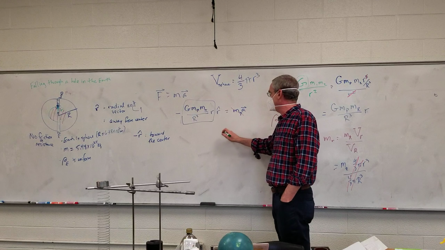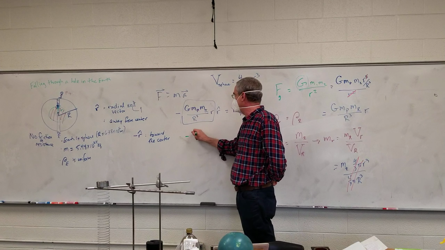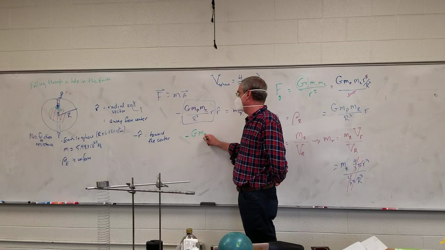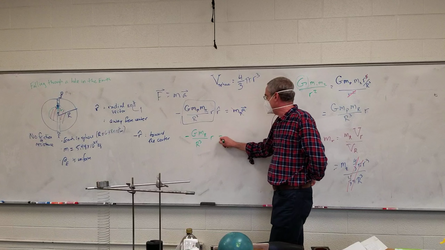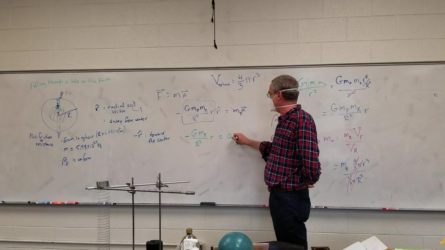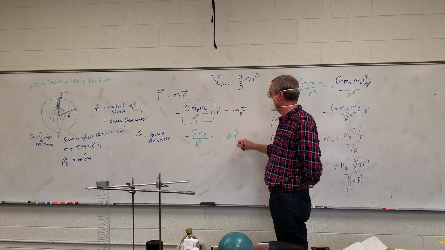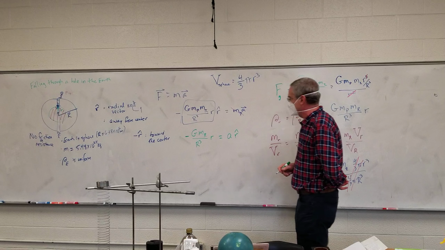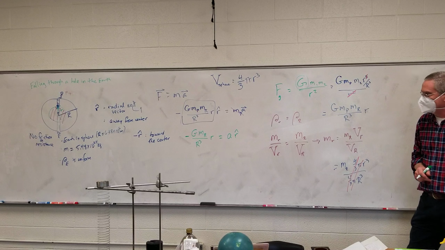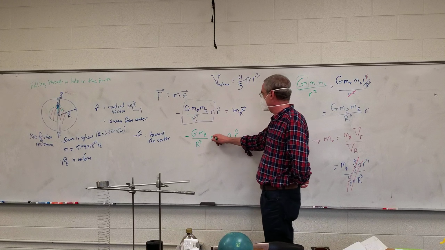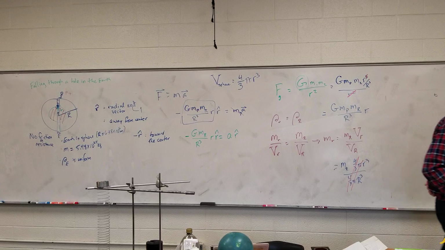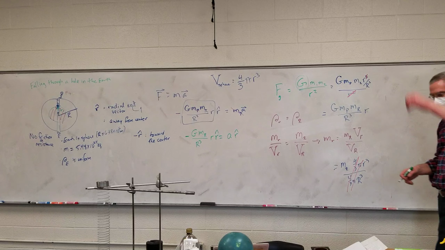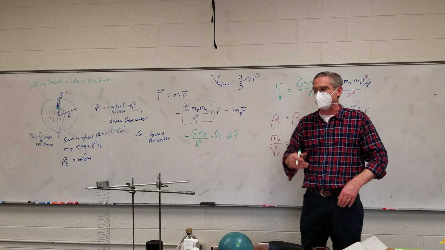I can rewrite this as negative big G mass of the planet over big R cubed times little r is equal to whatever the acceleration is, R hat. Oop, that was my R hat on the left side. They both have to be radial. It's not like he's falling and there's acceleration off to the side.